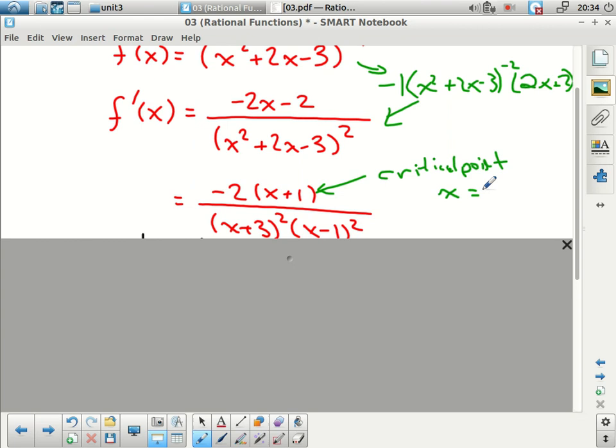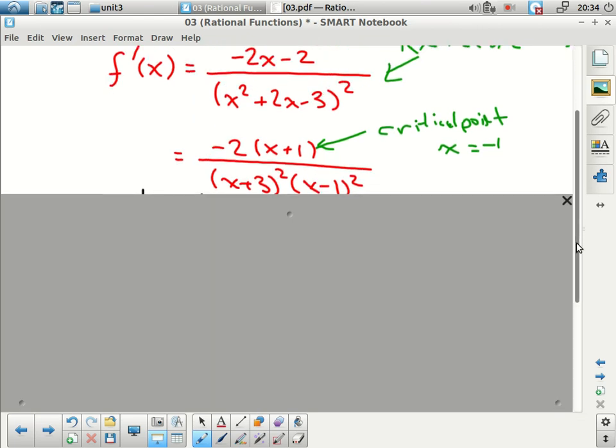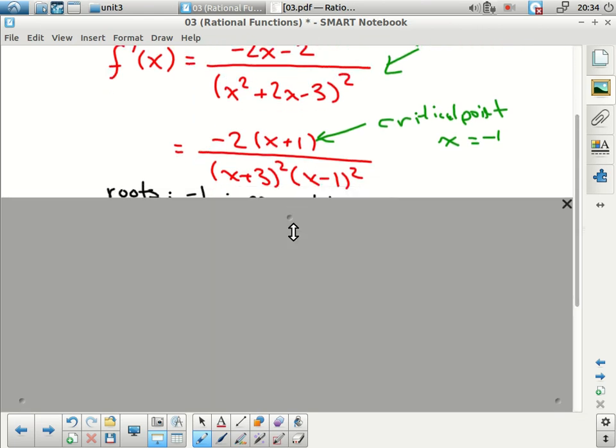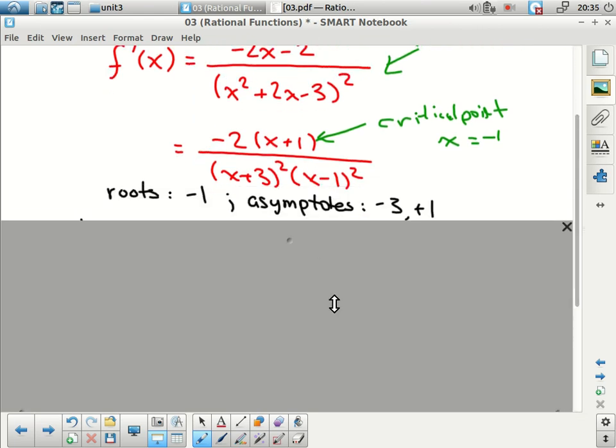So x equals -1. The asymptotes are going to be important as well, and so I factored this as well. The original factors were x plus 3 and x minus 1, so I'll just have each of those factors squared. So these three things are going to be important. That's where I can possibly switch from increasing to decreasing, and so on.